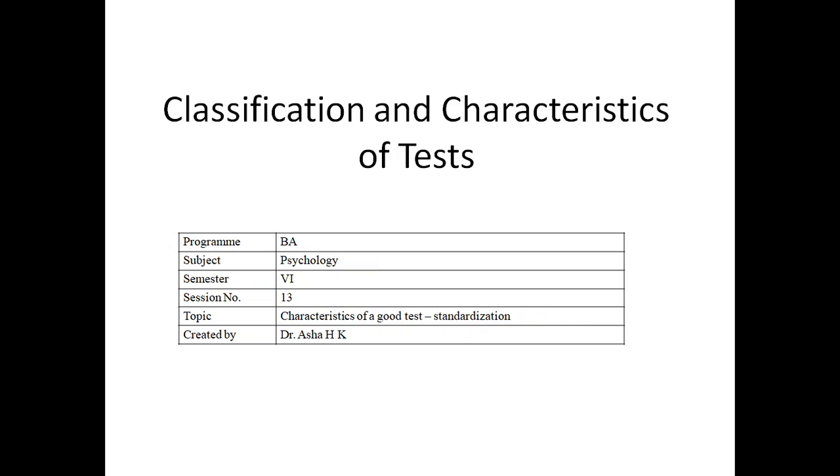Psychological tests are formalized measures of mental functioning. Most psychological tests are objective in nature and can be quantifiable. They are classified into two categories: one type is classified on the basis of the nature of testing, and the other is based on the nature of the functions of the tests.